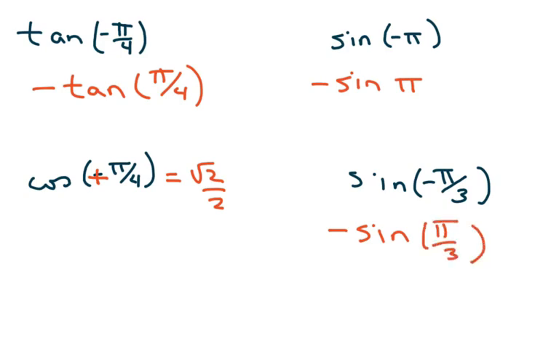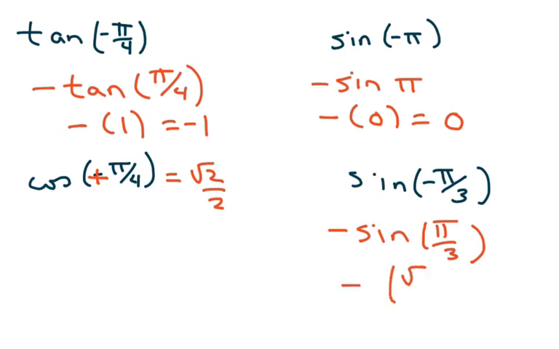So tan of pi over 4 is 1, so that's going to be negative 1. Sine of pi is 0, so that's just going to be 0. And sine of pi over 3 is square root of 3 over 2, which equals negative square root of 3 over 2. Makes it a lot easier when you can do this.